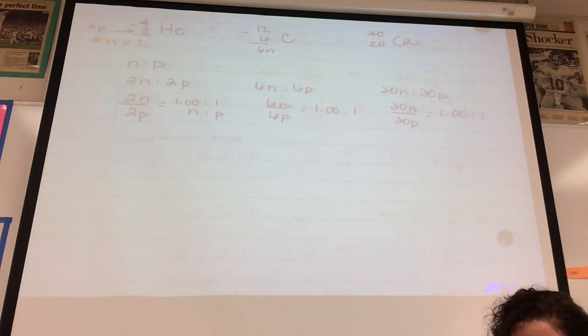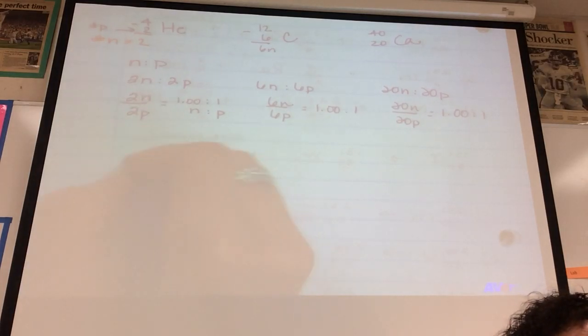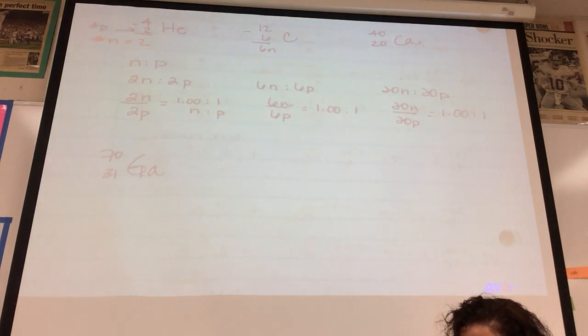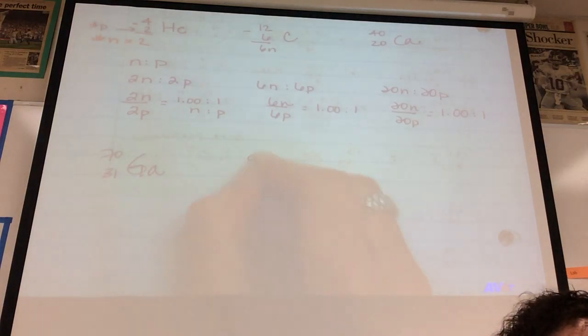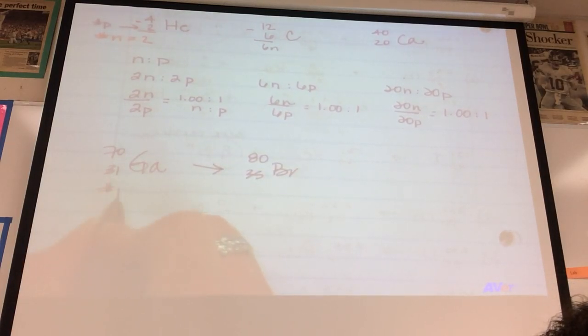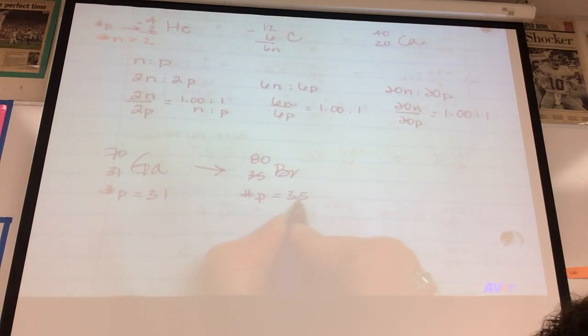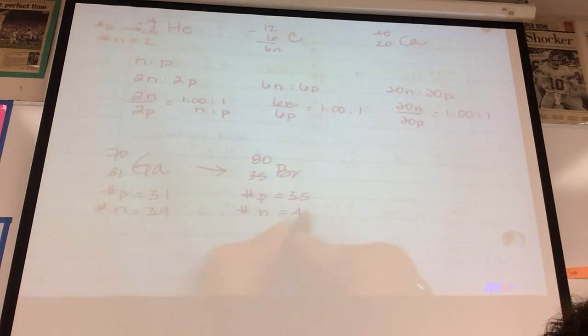Now let's consider, for example, we've got gallium, and as we go across that period, we've got bromine. What has happened to the number of protons here? Has it increased or decreased? And what about neutrons? It has increased as well.